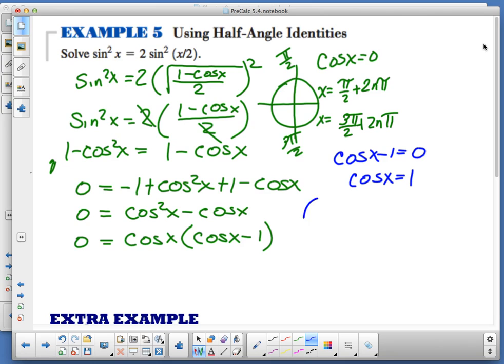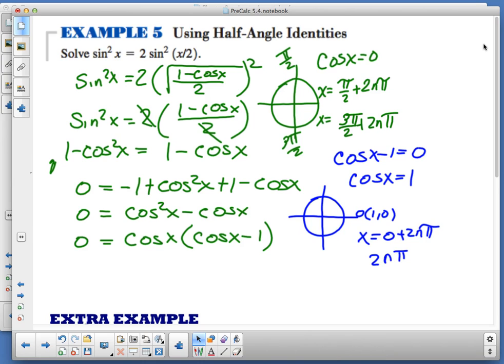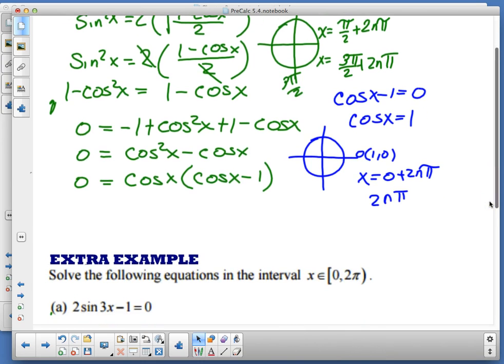So cosine x being 1 is right here at 0, which is (1, 0). So I'm really looking at 0 plus 2n pi, or I could just write 2n pi.